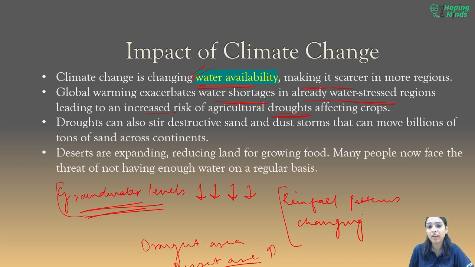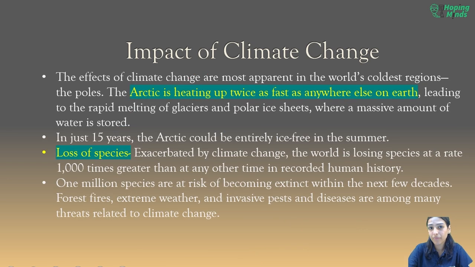They are expanding, which thus reduces the land for growing food. Many people face the threat of not having enough water on a regular basis. And it's very true. States of South India have fought over the Kaveri dispute. States in North India are fighting currently as we speak and record this video. So all of these things are a big impact of climate change and the scarcity of water.